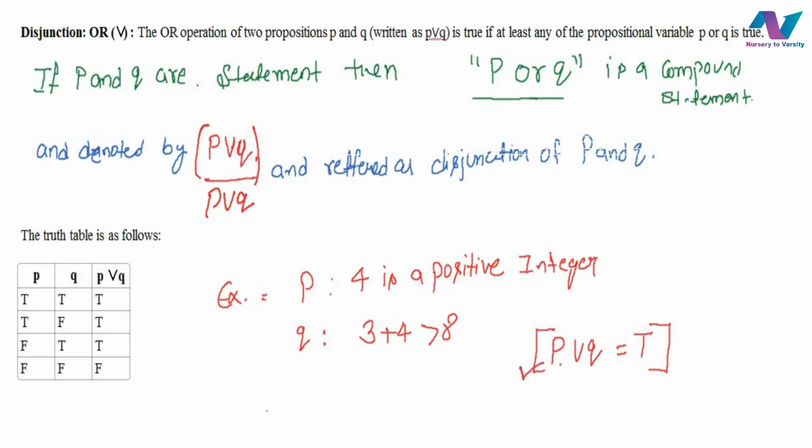This is a true condition, and from the truth table we can conclude that there is only one case where we get false, when P is false and Q is false. In the remaining three conditions we get true, because this is the OR operation, or we can say the OR truth table.